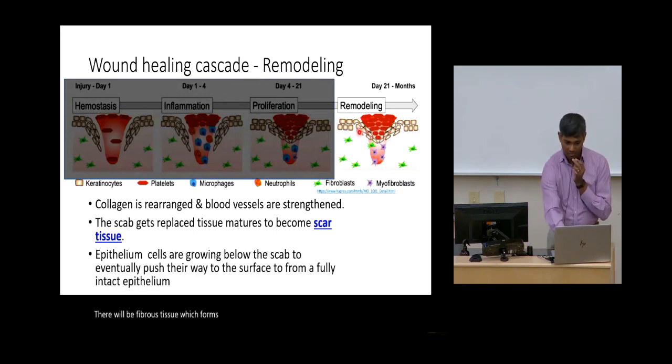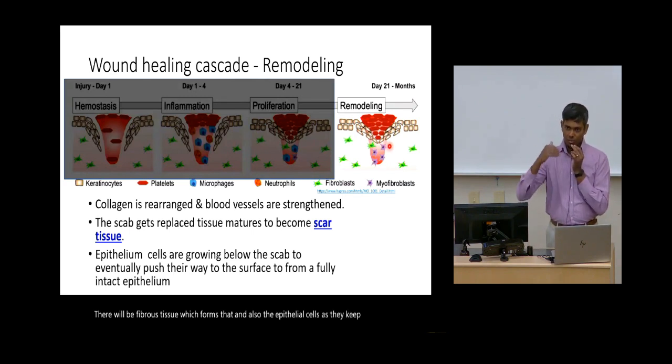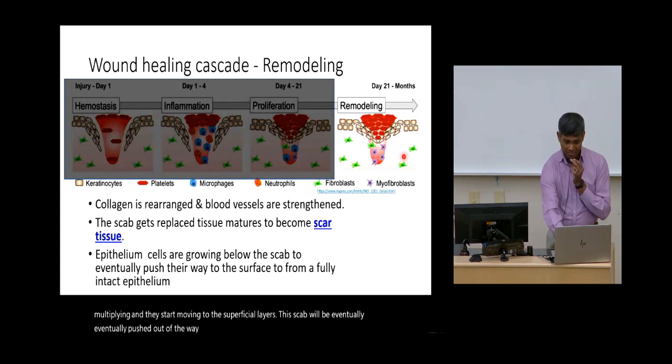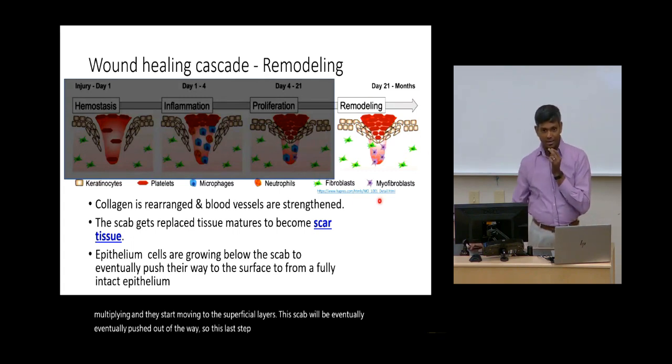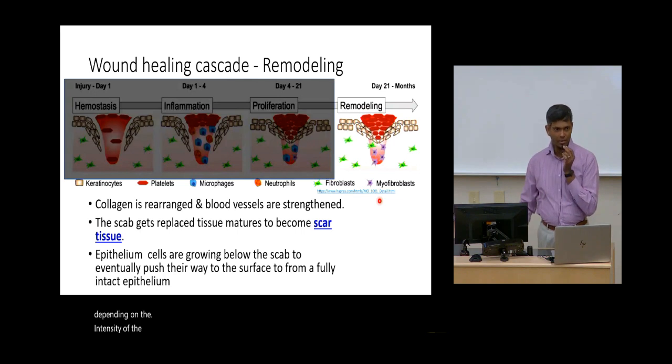And also the epithelial cells, as they keep multiplying and start moving to the superficial layers, this scab will eventually be pushed out of the way. So this last step of remodeling can take many months depending on the intensity of the injury. Are there any questions, folks, on the 4 steps of the wound healing cascade?